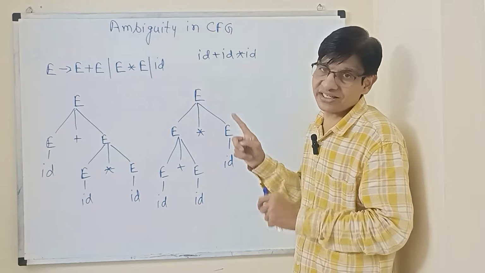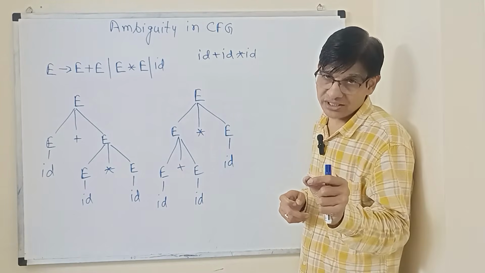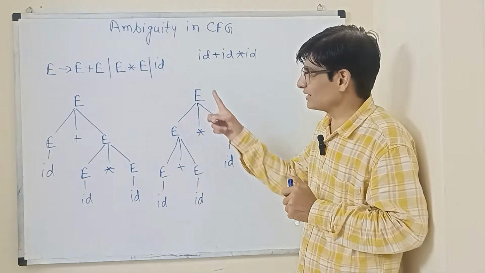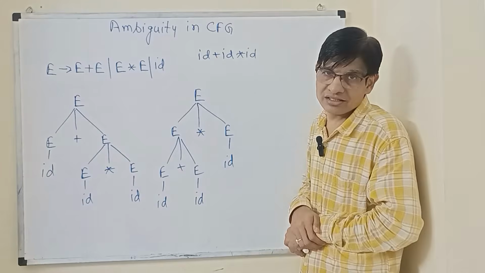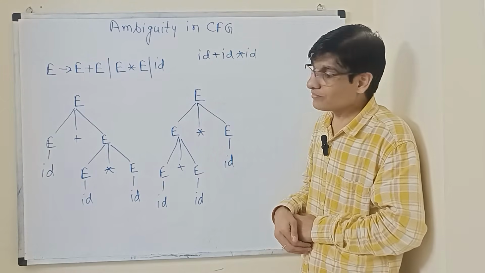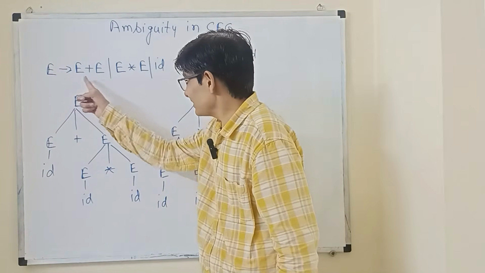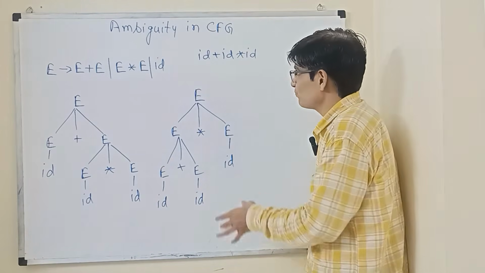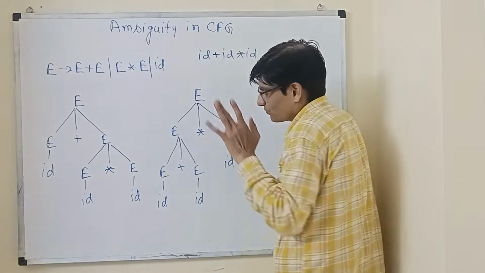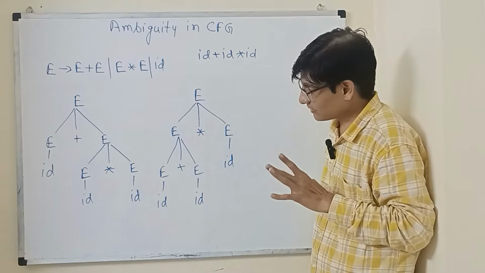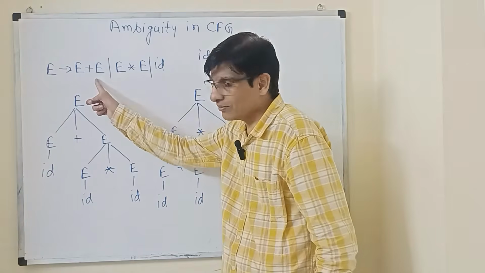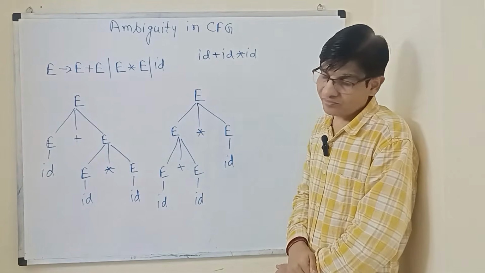You need to identify the string carefully so that you can generate two different parse trees from the given grammar. This is the way to prove any grammar ambiguous. This particular grammar is ambiguous because for this particular string we have created two different parse trees. So now we have proved that this grammar is ambiguous.